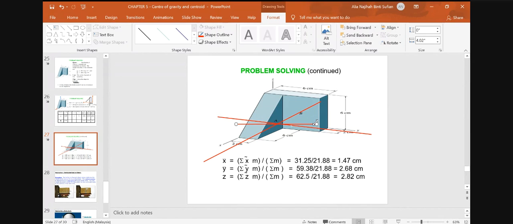It is so difficult to visualize. I hope this class today gives you some idea of how to determine the center of gravity and how to determine the centroid. We will continue again next week with some more examples.